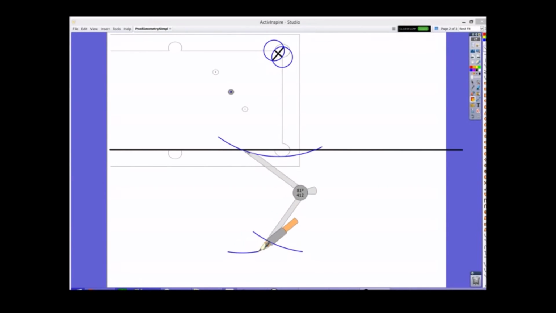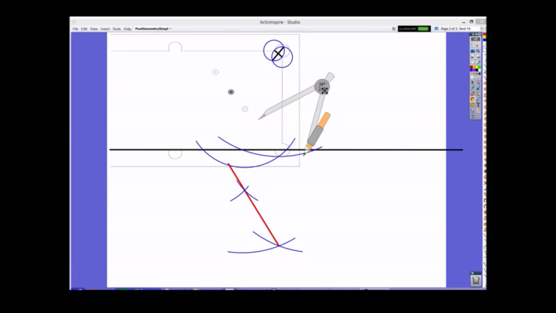I'm also going to need to use a perpendicular line construction to reflect the image of my 7 ball over that bank as well. That way I know where my imaginary 7 ball is on the imaginary pool table. I draw a line through these 2 points so I know which angle I want this ball to go in. And then I'm going to need to do 2 congruent line segments that are each the radius of the ball.